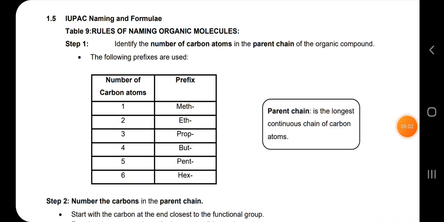In order for you to be able to name an organic molecule, you need to know this table. In grade 12, the guideline says you have to know how to name a molecule that has up to 6 carbons. So that's what you have to know. Your parent chain, or the main chain, is the carbons that are in a straight line.